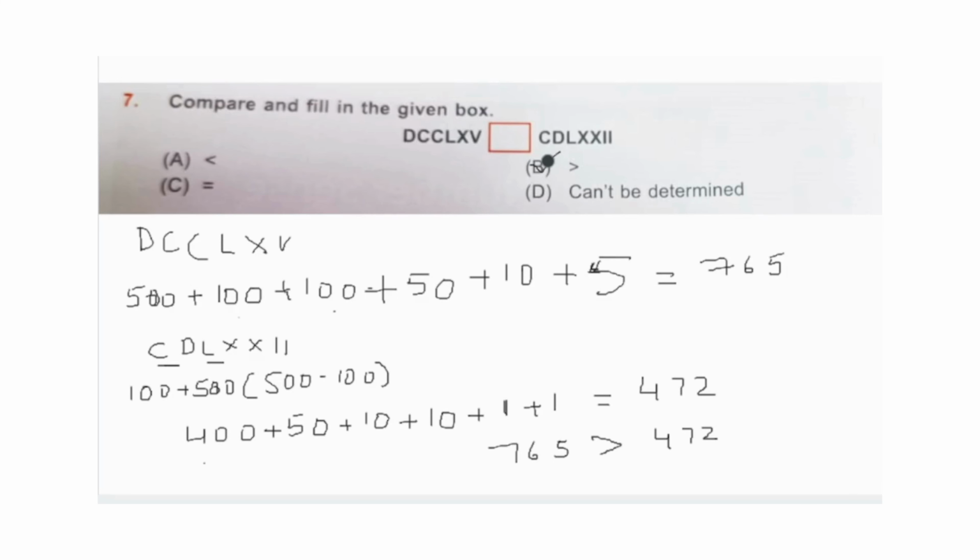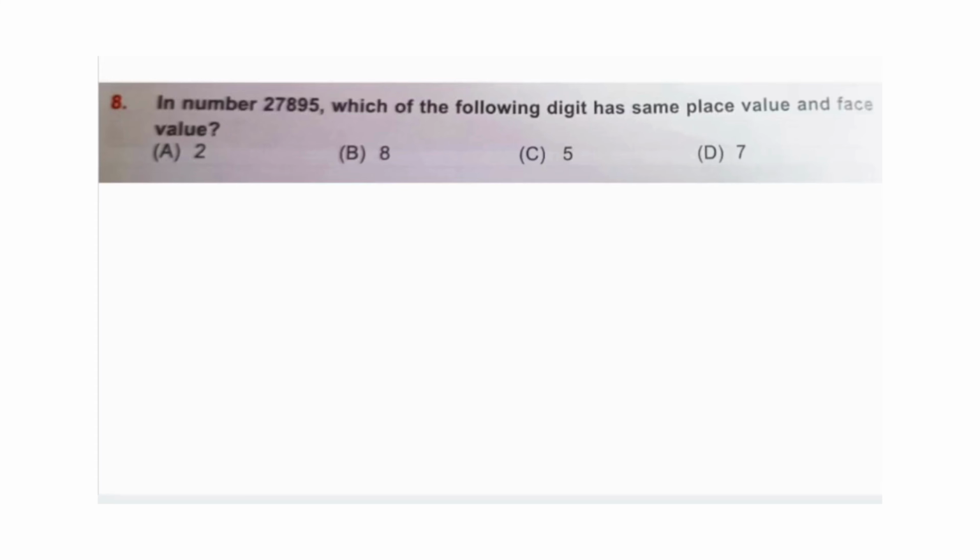Make sure you remember all the Roman numbers to be able to solve these questions correctly. Let's look at question number 8 from number sense. Here the question is, in the number 27895, which of the following digits has the same place value and face value?